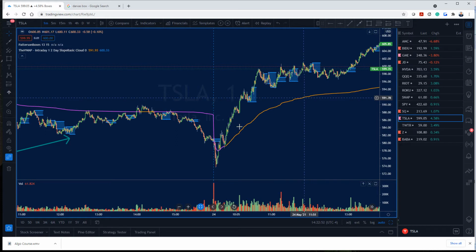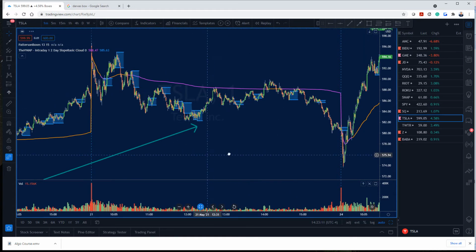Crazy, crazy sick. So on a 1-minute time frame, you're going to get more signals, but you're also going to get more false signals. You just don't want to be trading it in random rotational markets.